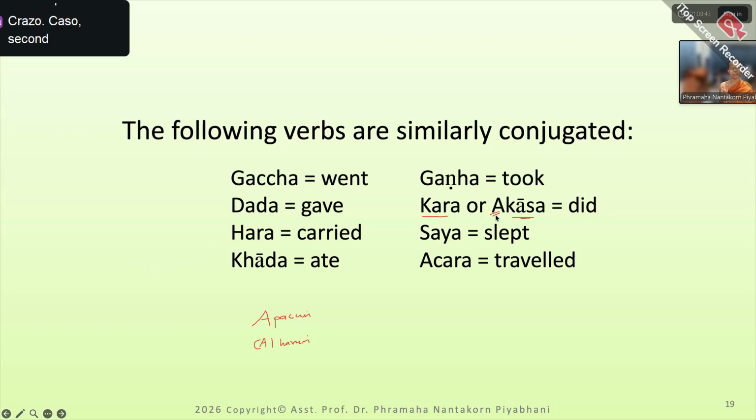Agaso, second person plural. Agasittha, see, agasittha. First person singular, agasim, you see. Agasimha, you see. Agasum, okay. See, apachum, agasum.